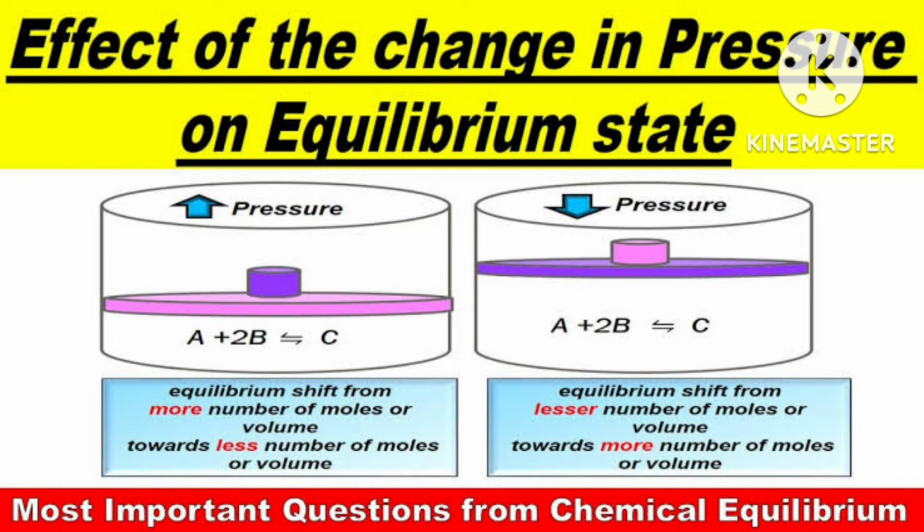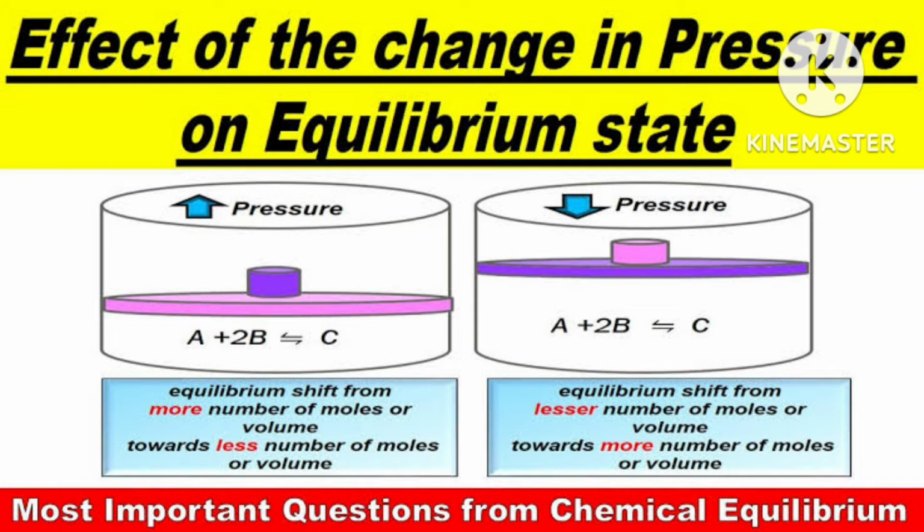When concentration or pressure changes, then only Q will change. However, when a change in temperature occurs, the value of the equilibrium constant Kc is changed. Temperature has a major role.